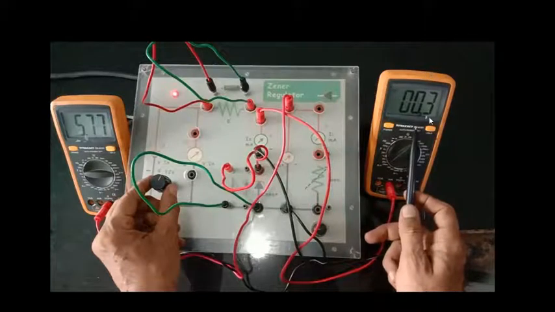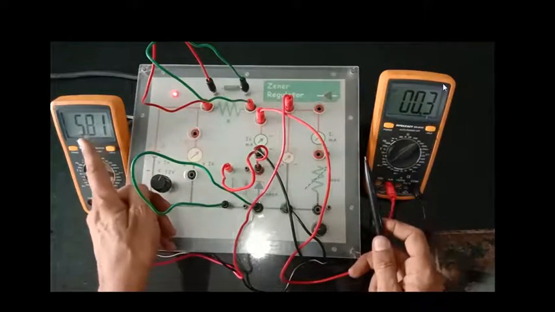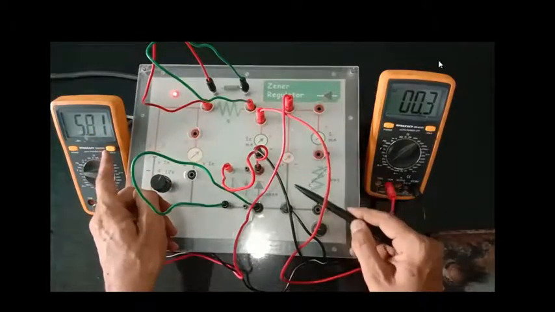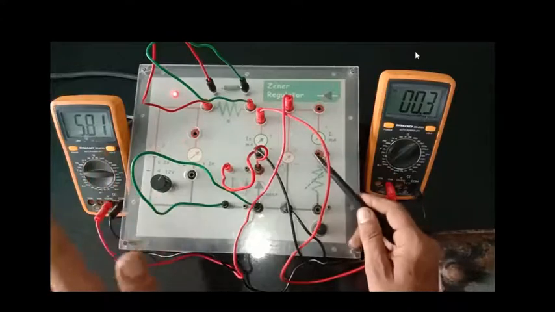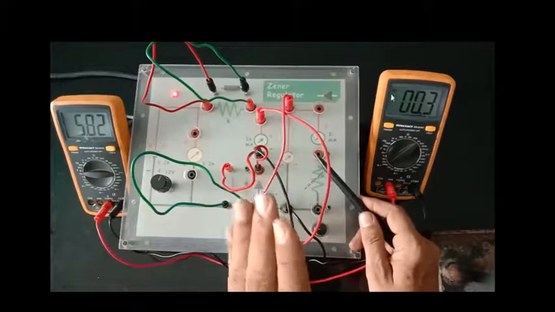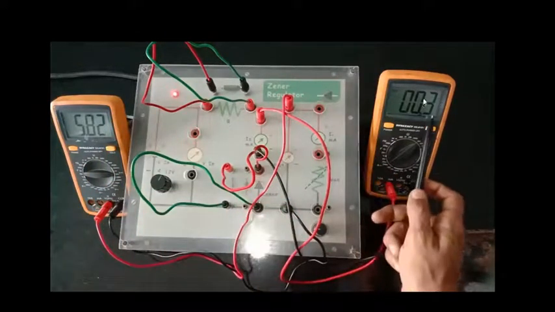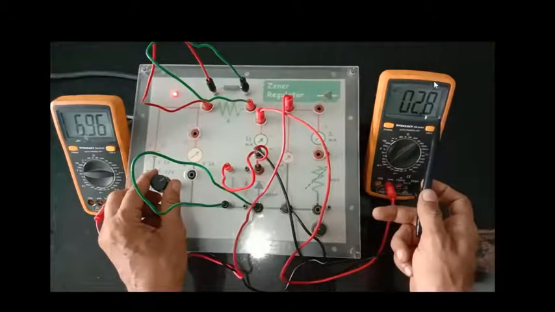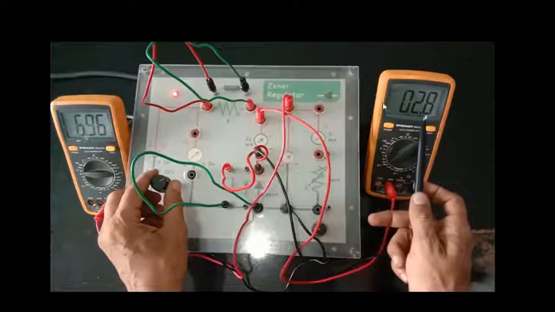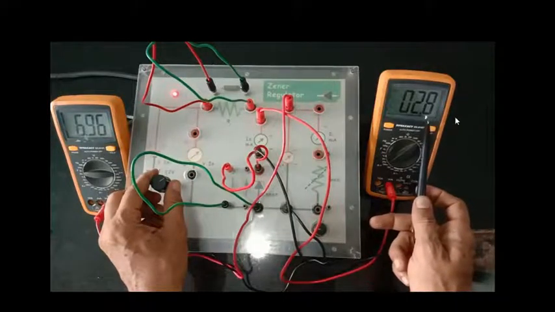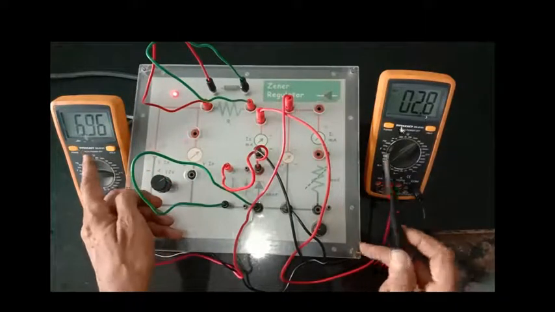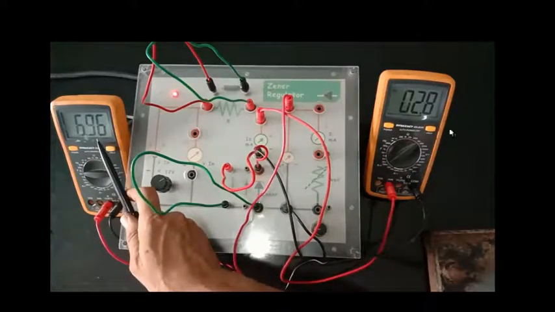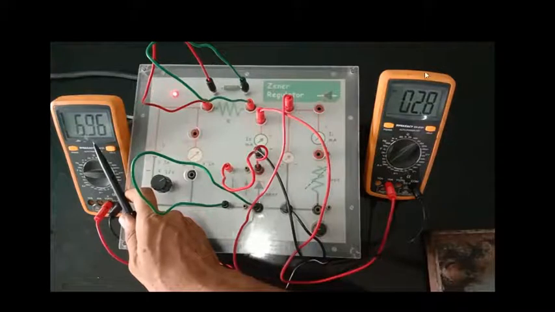What we are observing is that the voltage across the Zener is growing slowly, but the current is increasing very abruptly. You can see from 0.12 to 2.8, so it is almost 30 times higher, whereas the voltage just changed from 5 to 6.9, so it's roughly 2 volts.